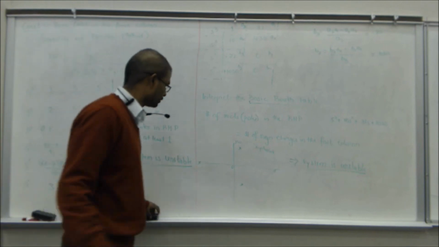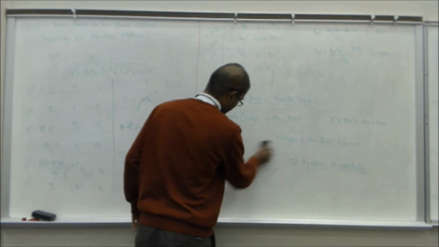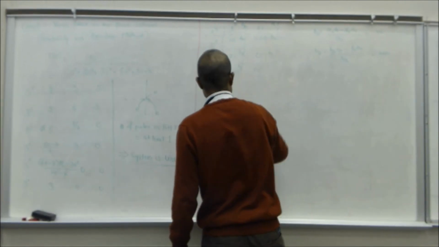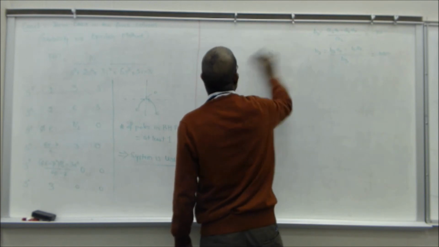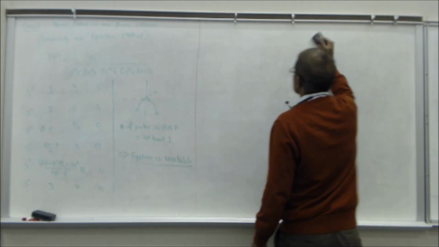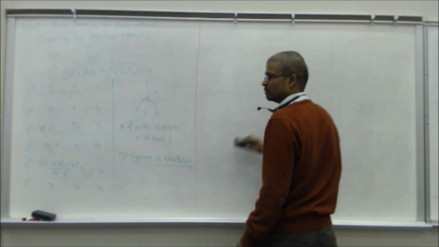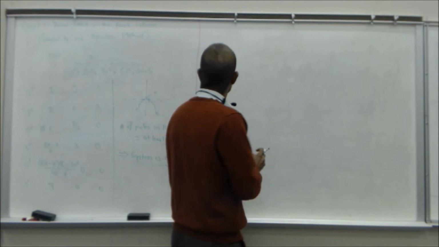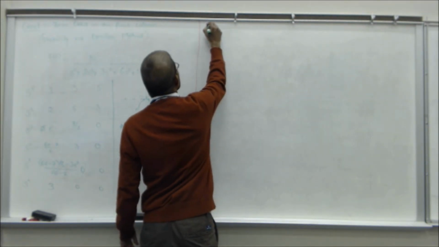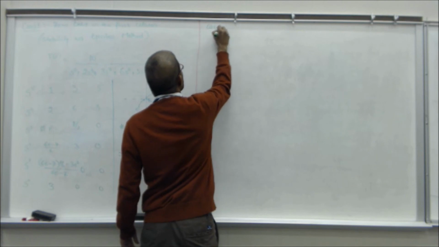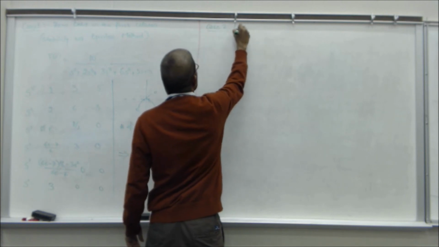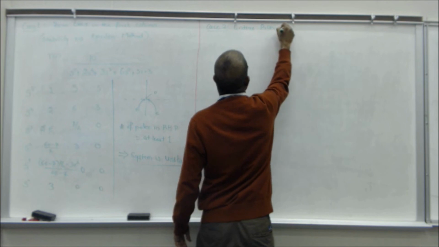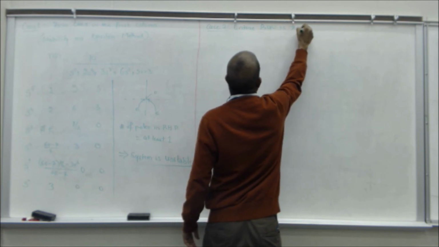The second special case, we'll just wrap it up with the second special case, all right? Case 2. The entire row is 0.